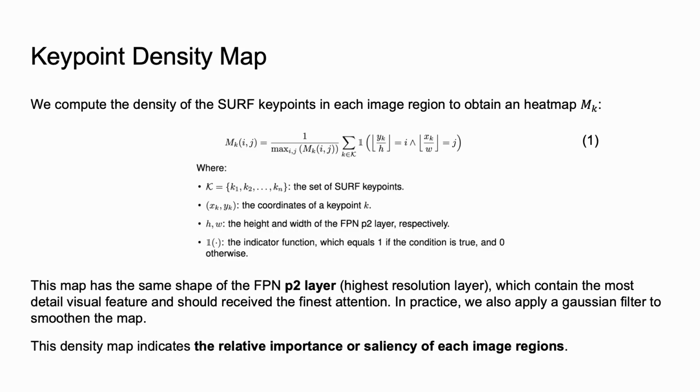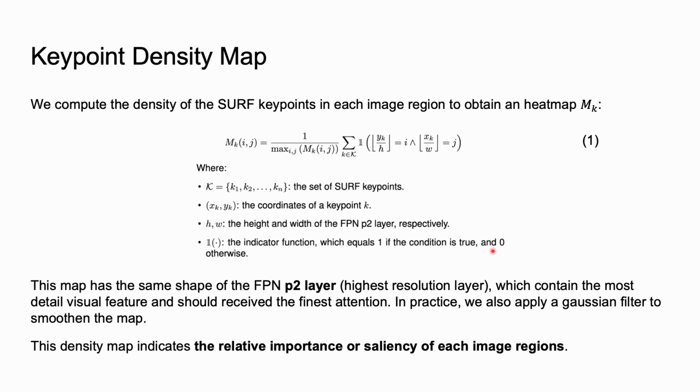Okay, so in order to leverage these key points to guide the FPN layers, we computed the density of the key points in each image region to obtain a heat map M_K. And this M_K is calculated by equation 1, which is basically counting how many key points lie in the grid of the heat map, and then normalizing it with the highest value. And this map has the same shape as the FPN P2 layer, which is the highest resolution layer.